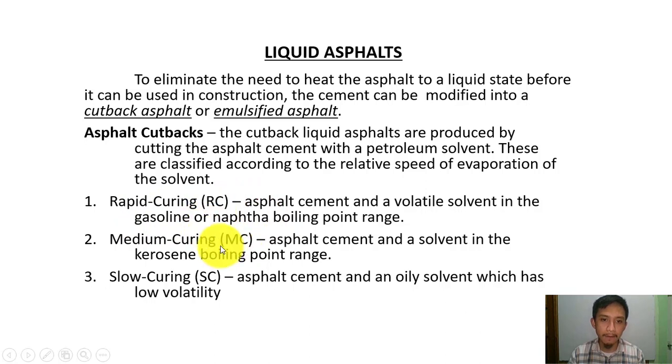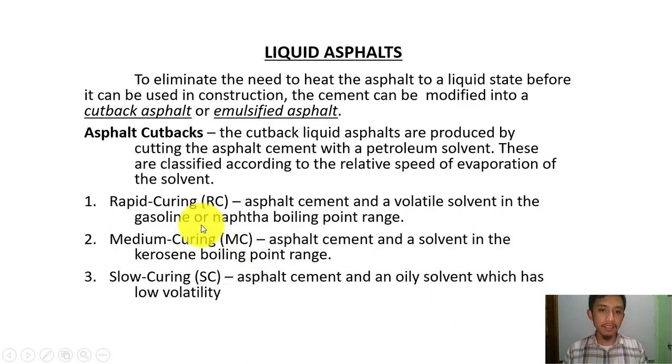Then we have the medium curing, or MC: asphalt cement and a solvent in the kerosene boiling point range. Same boiling point range idea, but this time the difference is the solvent, kerosene. And lastly, we have the third, SC, which is the slow curing: asphalt cement and an oily solvent which has low volatility.